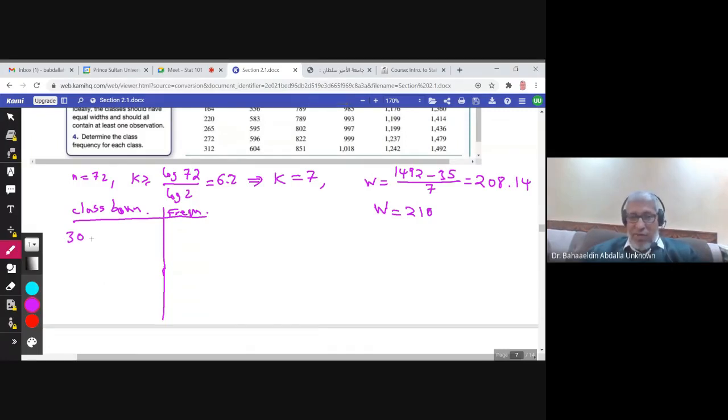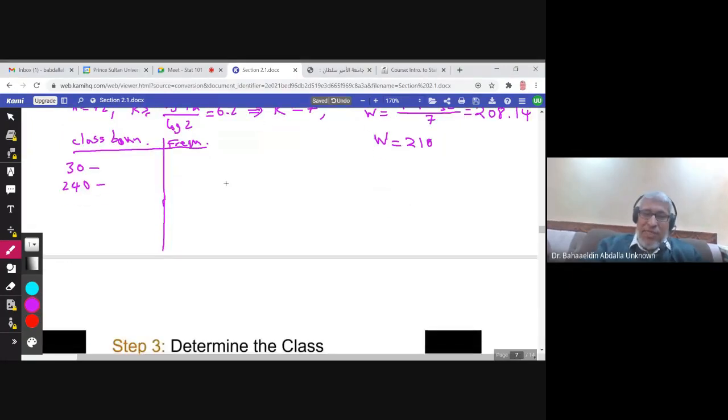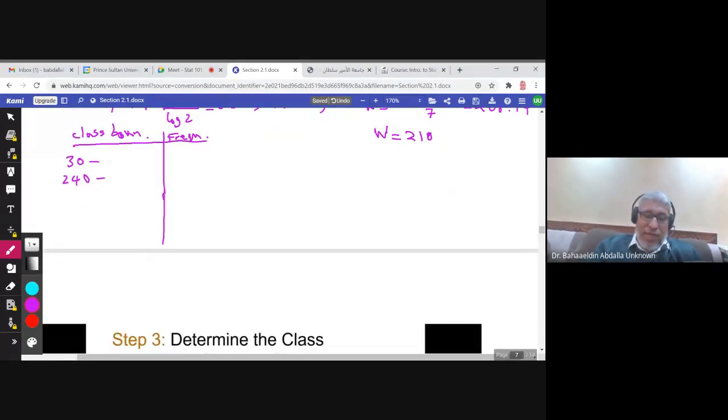If I start from 30, I add the 210. 30 plus 210 is 240. Then you add another 210 and you get 450.